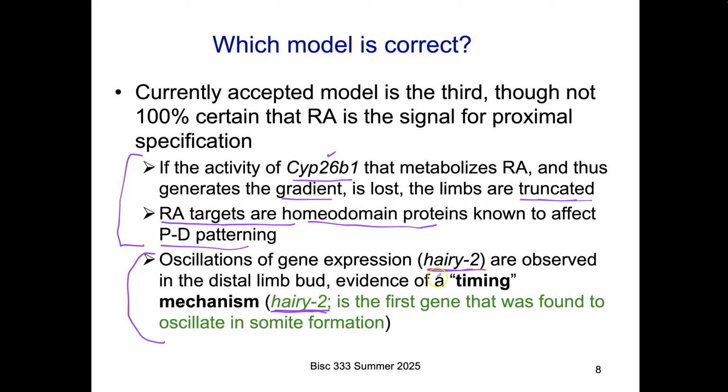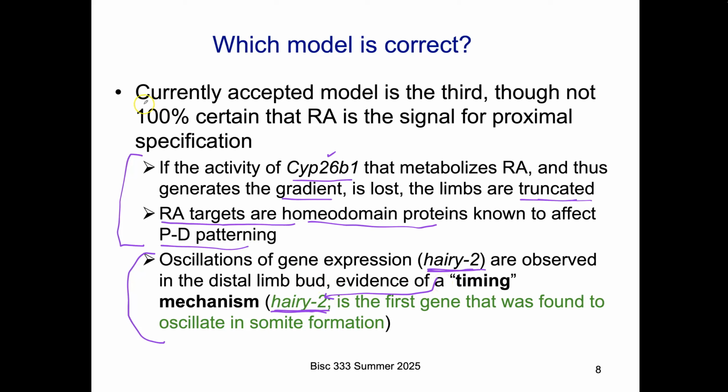And there is a connection here, even though I didn't really talk about it, because there are lots of genes now, more than just the hairy gene, which is a Wnt target, I think, if I remember correctly. So there are many of these oscillating in somite formation, and probably the same is true in the limb bud.